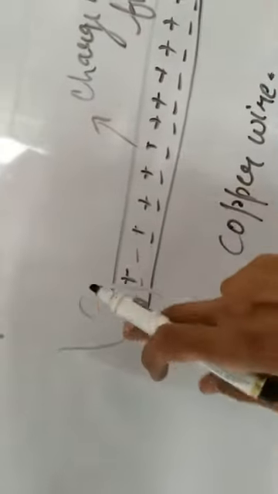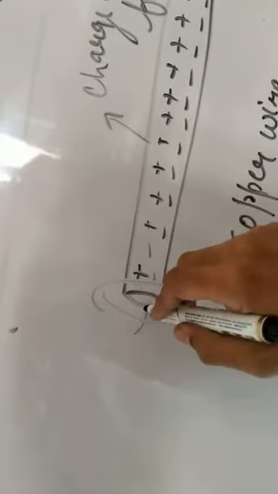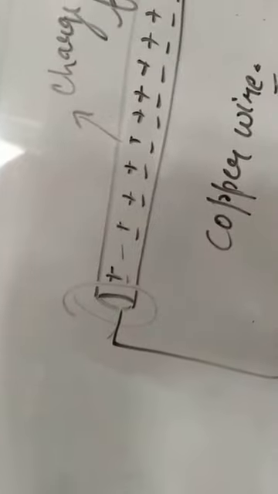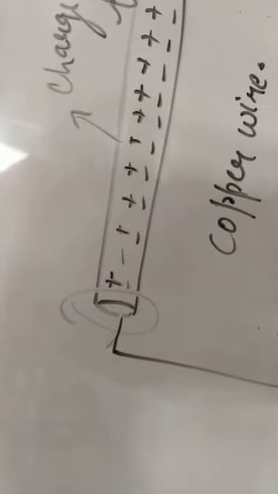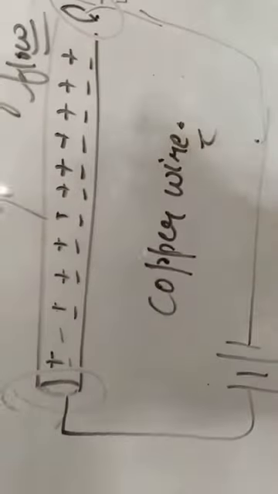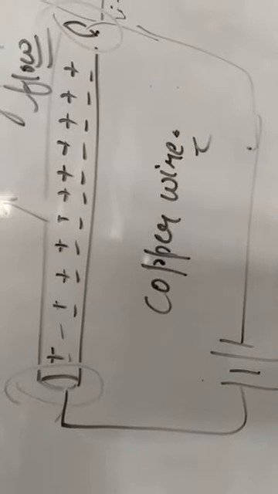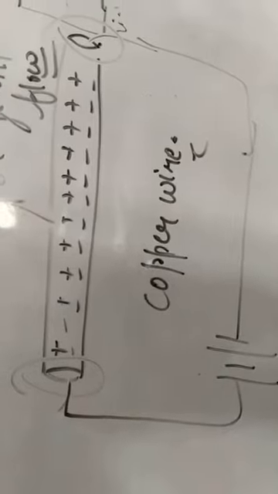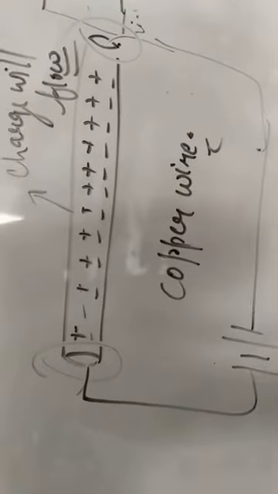This potential difference occurs when we connect this wire to a cell or a battery. So this is known as potential difference.